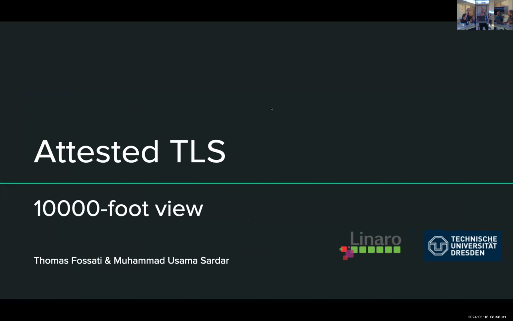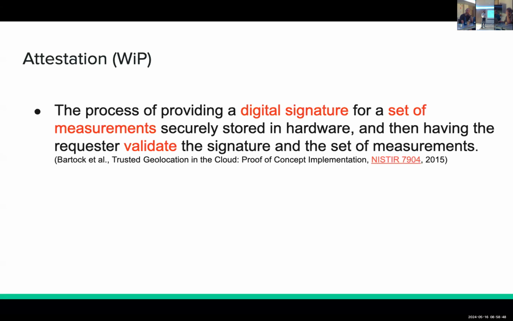So welcome everyone and thanks for being here. What we are trying to cover is an overview of Attested TLS and to be aligned on what this is all about. Next please. We typically start with the TLS protocol, then talk about attestation, and then merge the two.